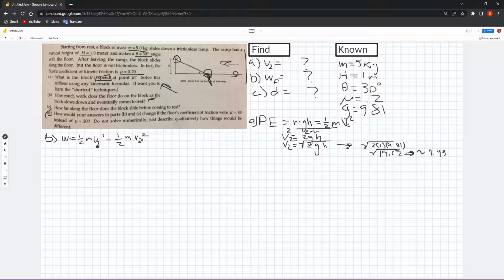We can eliminate the first term because we know v3 is at rest, so v3 equals 0.